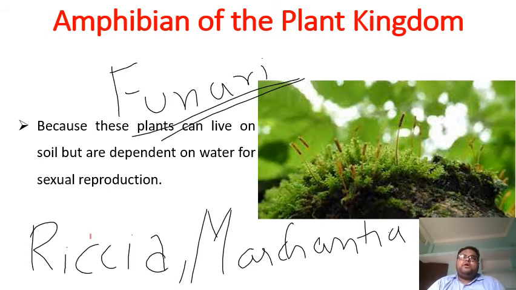And why do we call the members of the phylum Bryophyta amphibians of the plant kingdom? Because they can live on soil, but they are dependent on water for their sexual reproduction. And the examples are Riccia, Marchantia, and Funaria. Okay, students? So now let's move.